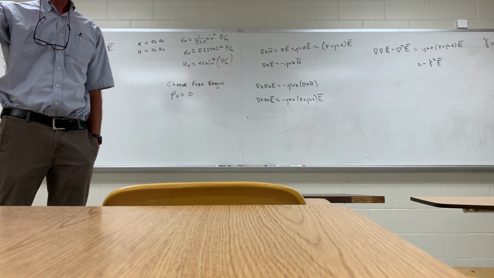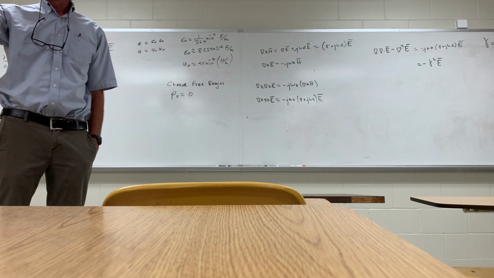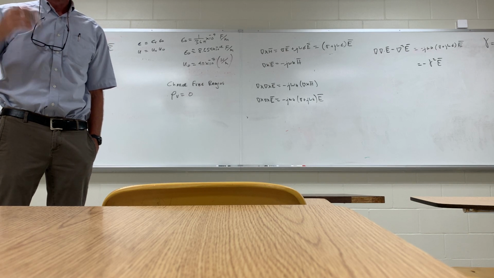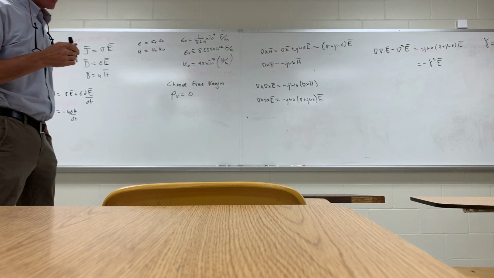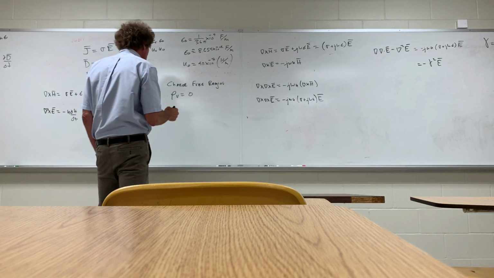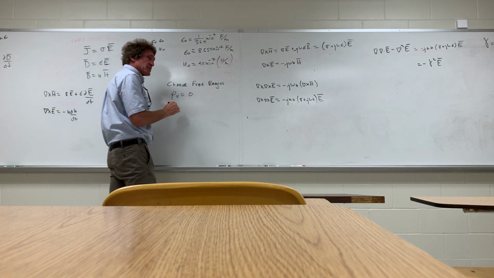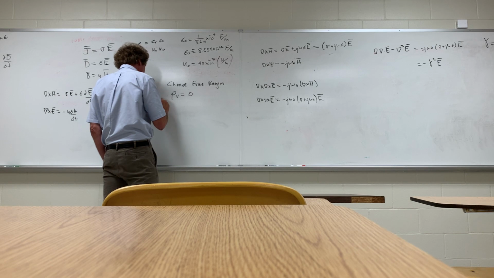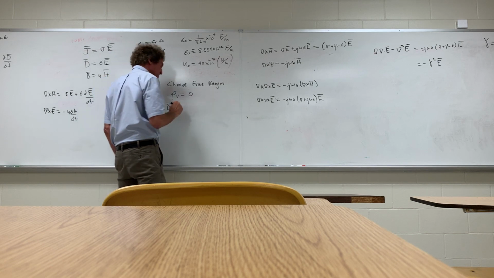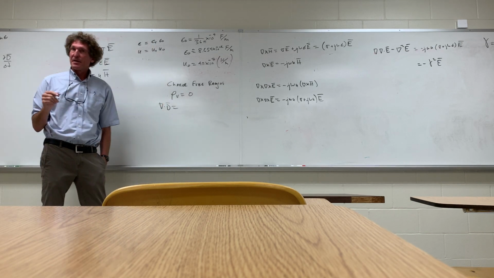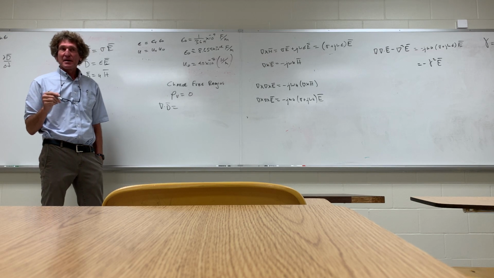It's true in almost all standard materials that don't have some inherent current source in them. I'll spend a little more time on that later. So when we have a charge-free region, we know that there's something important. Do you remember what divergence of D is equal to? Very important law. These are things you'll have to know very well before you get out of here.